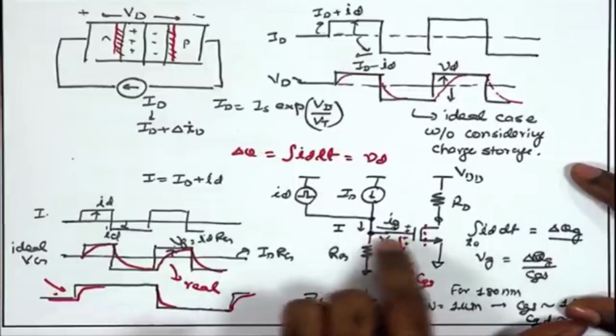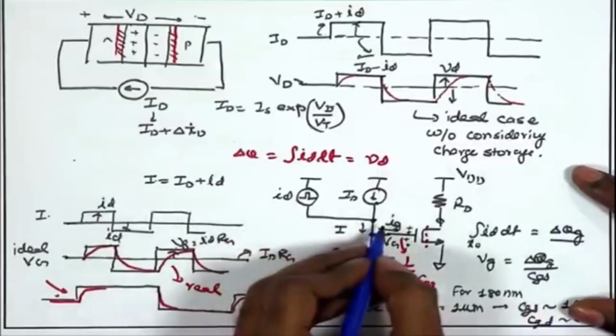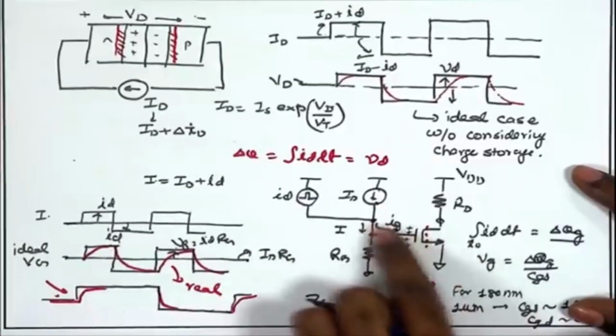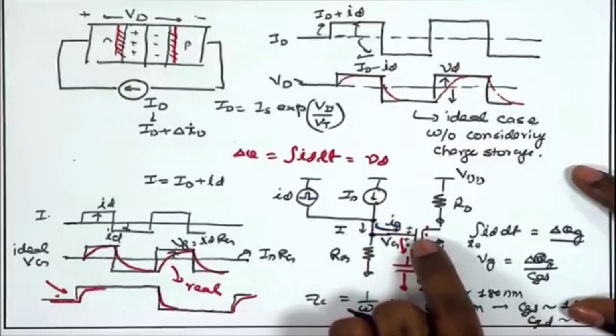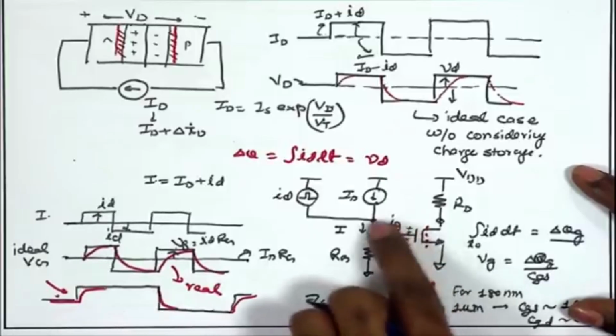So, in order to allow this effective additional positive charge, I must divert some of the current to the MOS gate. Initially, some part of the current will be utilized in increasing the positive charge count on the gate. So, this MOSFET gate is stealing away some charge.